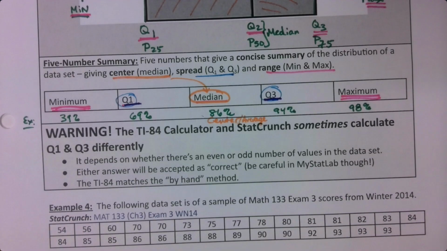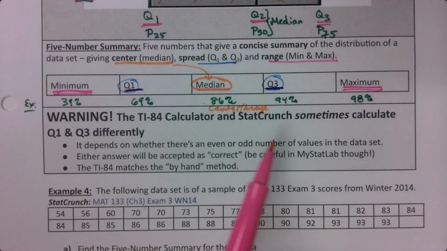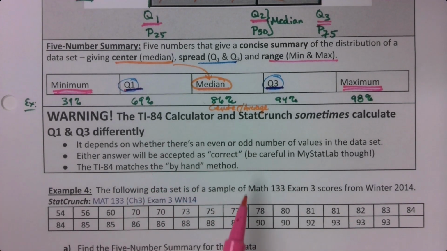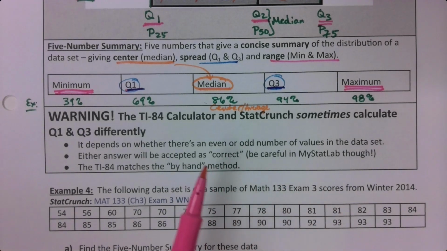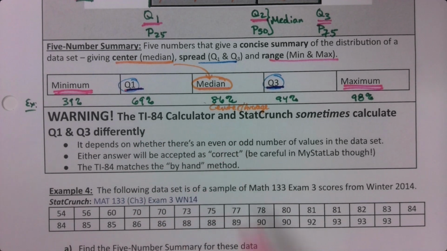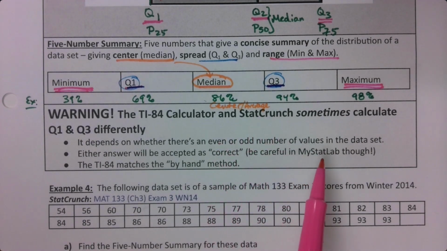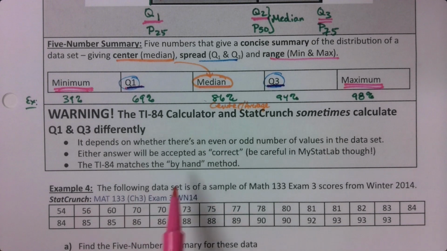Now, one warning for anybody that's using a TI-84 and StatCrunch and by hand, which is I'm going to use StatCrunch and the calculator. I'm going to do it both ways. But there are times when they are calculated differently. It depends on whether there's an even number of data values or an odd number. So be careful if you're working in MyStatLab, if your instructor has you doing some MyStatLab, some of them are more correct than others.